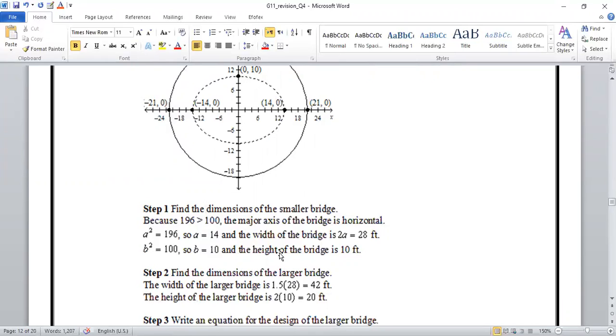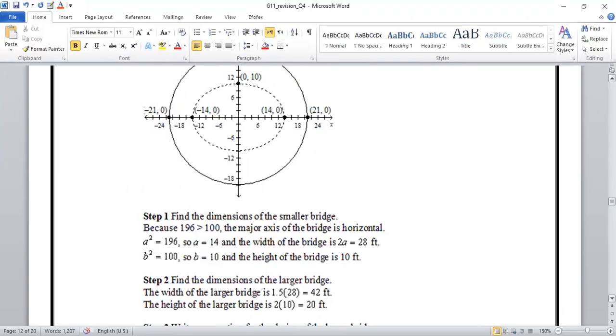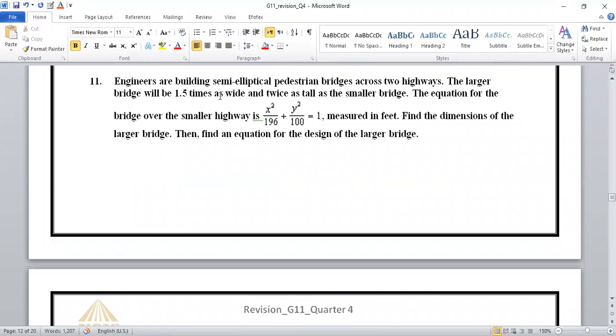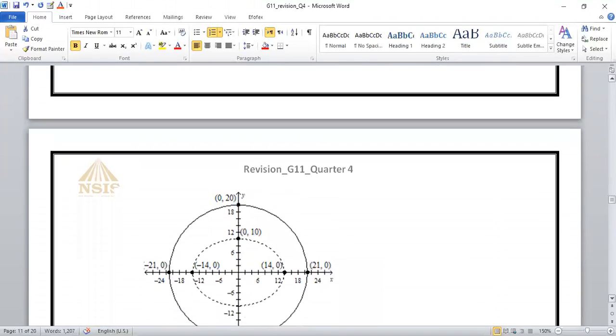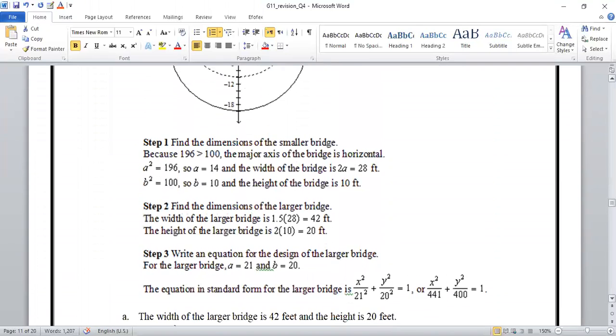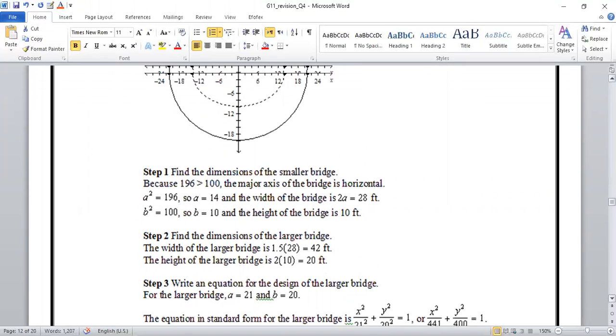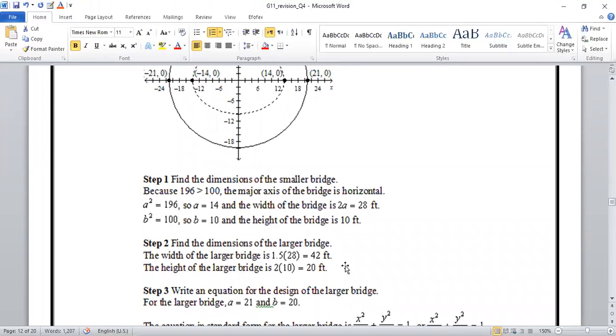The height of the larger bridge is twice, as given in our problem, twice as tall as the smaller bridge. So the height of the larger bridge is 2 times 10, equal 20.